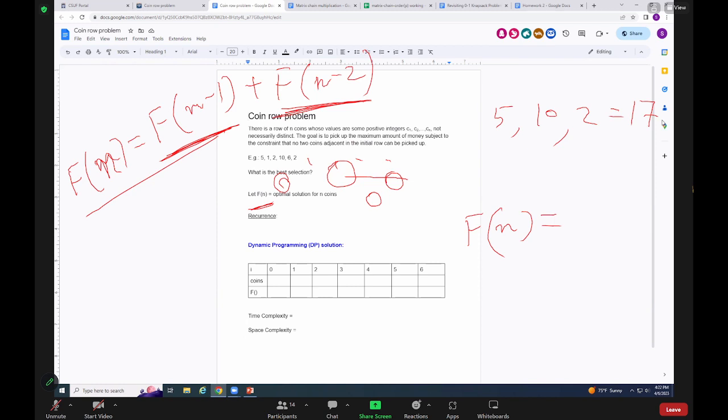We can skip the which coin? Which one is that? The 2? Skip that. Fn minus 1.